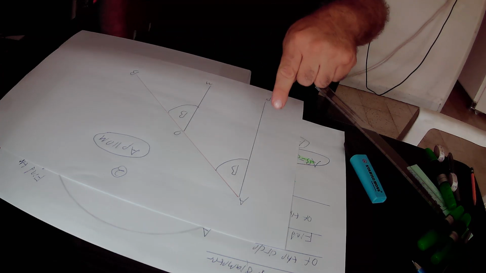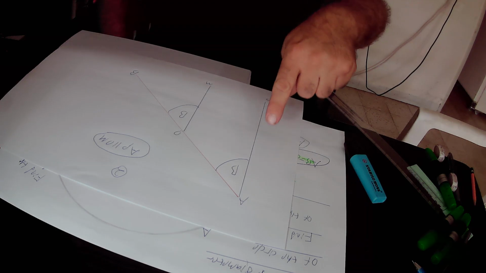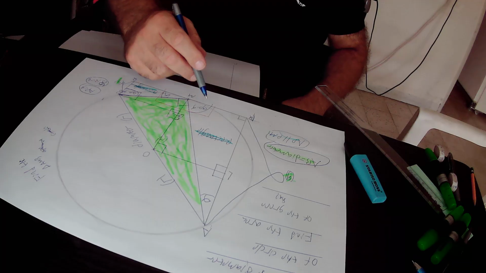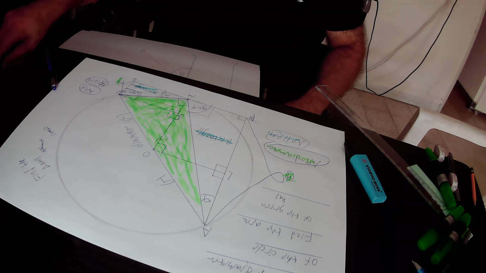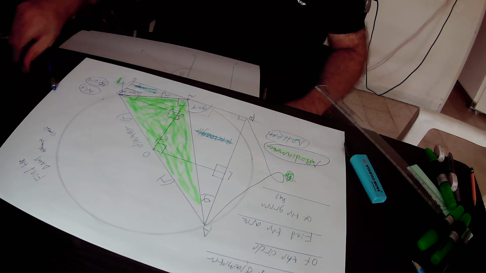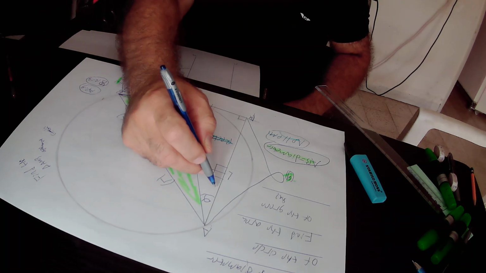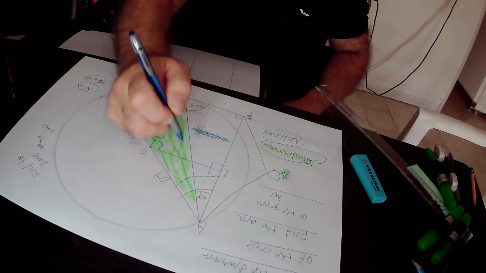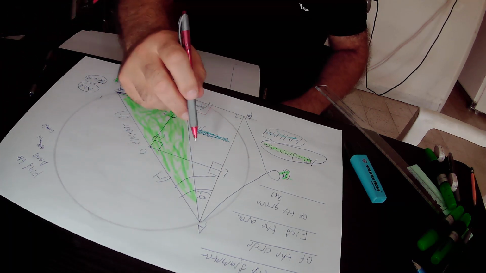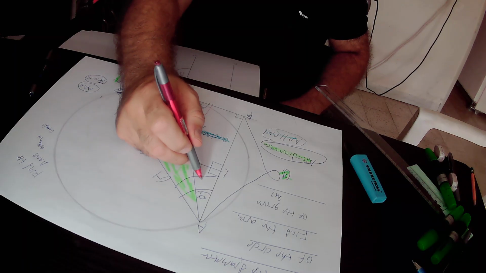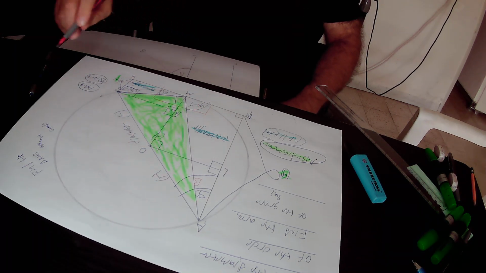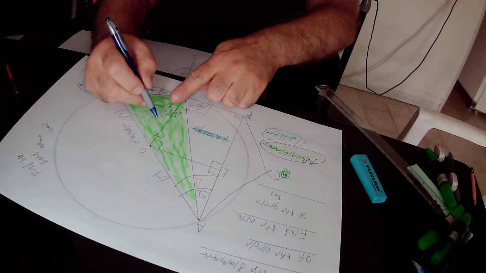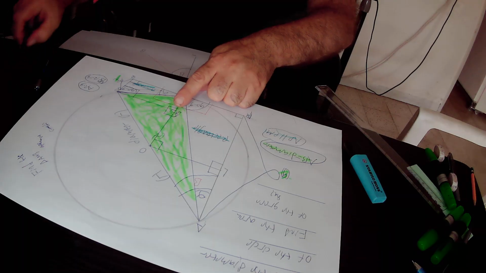Angle PAO equals beta degrees in its size. Likewise, angle MOB is also equal to beta degrees in its size.